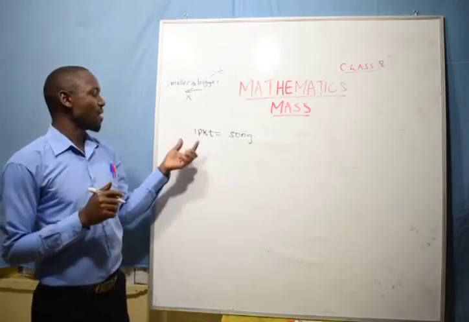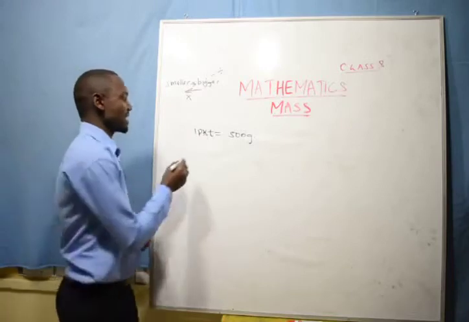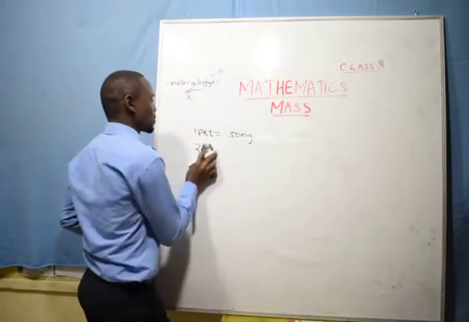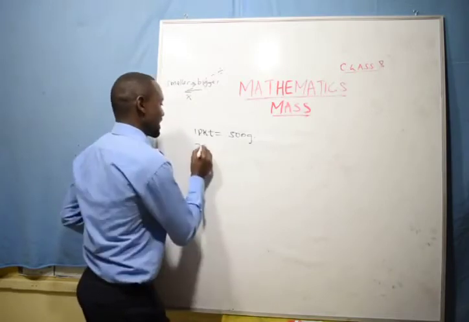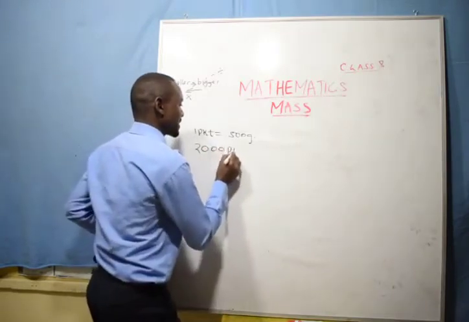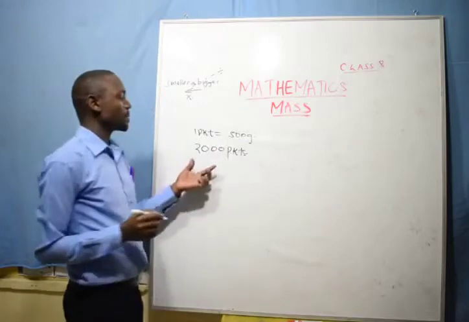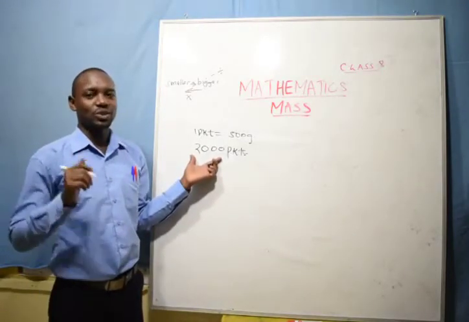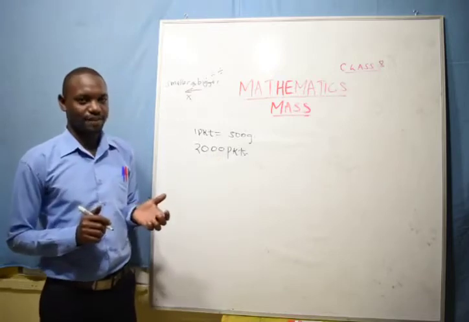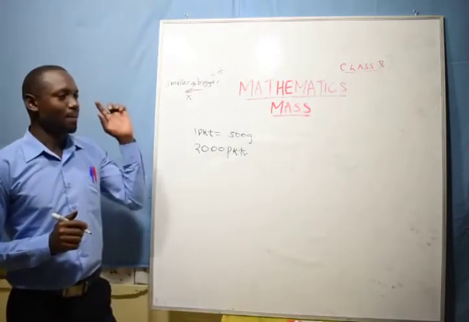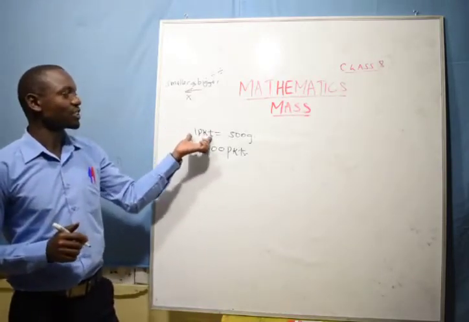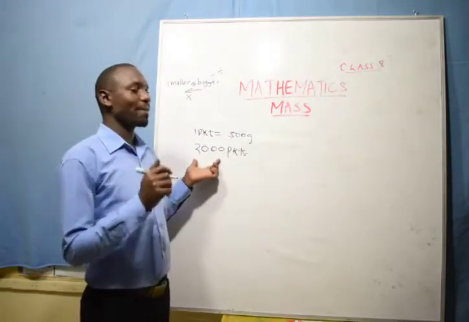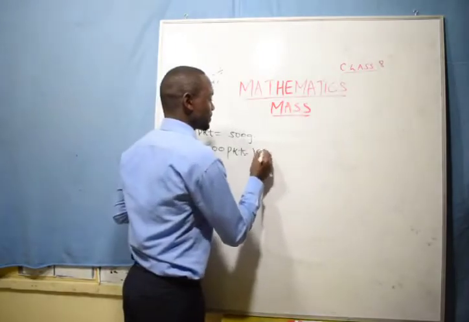A shopkeeper supplied 2,000 packets which were packed into one carton. I begin by saying the mass of a packet of salt is 500 grams. 2,000 packets were packed into a carton.